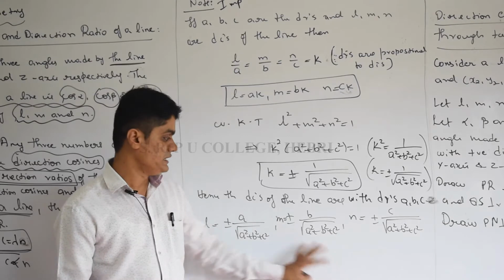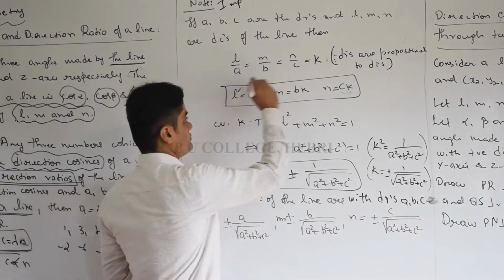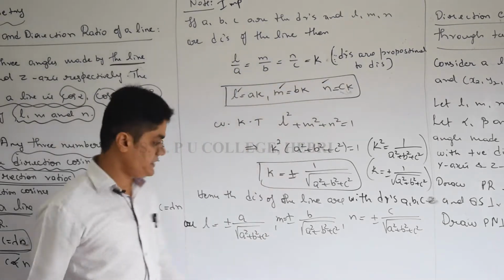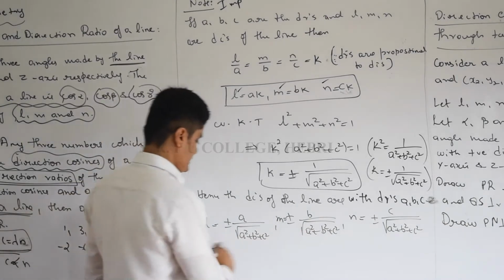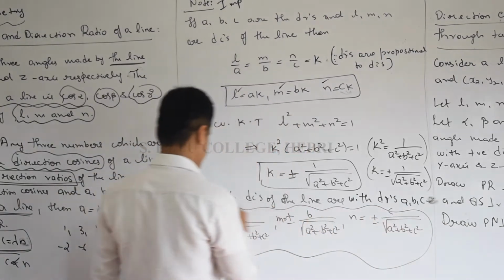You know how it came, right? Substitute L, M, N in this expression. Substitute here and you can easily get the direction cosines from the direction ratios.